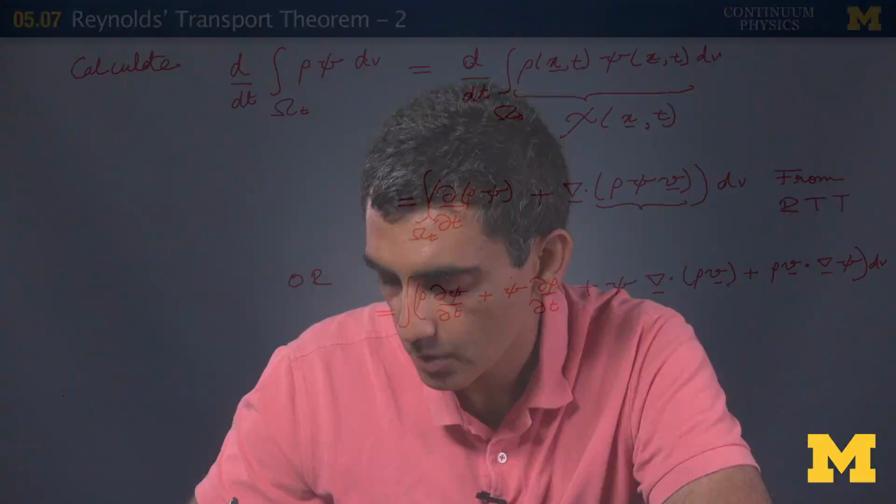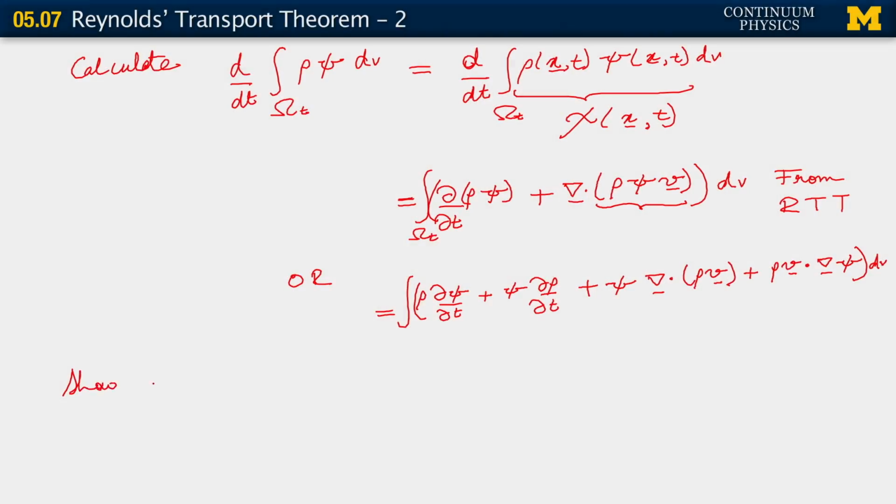Now, I think the first two terms should be fairly clear. Just to show how the third and fourth terms come about, I am going to go into coordinate notation. So what we're considering here is this term, divergence of rho psi v.